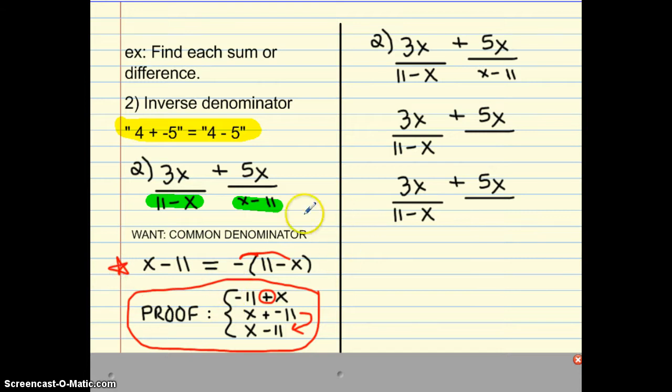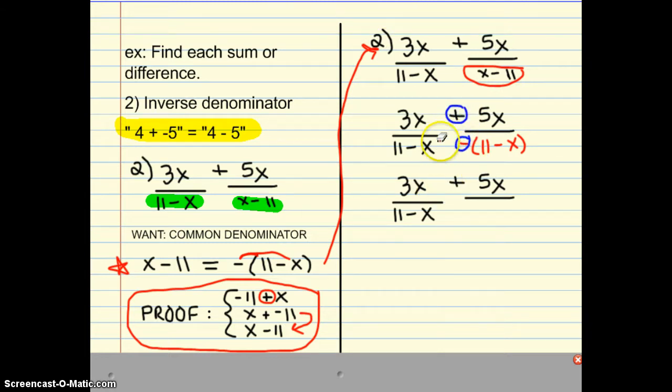So when I come up over here, what I can do is I can take my x minus 11 and I can change it to negative 11 minus x. And with this, I now have a plus negative situation going on.